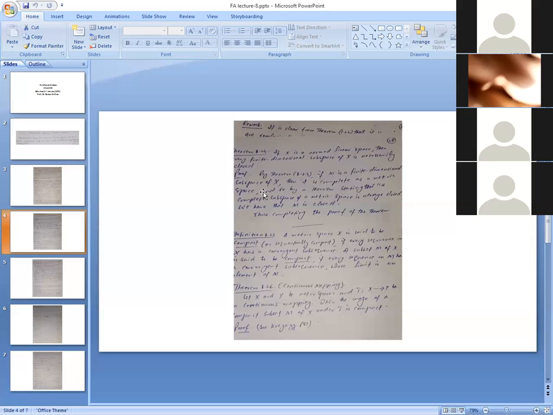If X is a metric space and Y is any subspace of this metric space, if Y is closed, then it will be complete. If it is complete, then it will be closed. So by this result, we see that a complete subspace of a metric space is always closed.